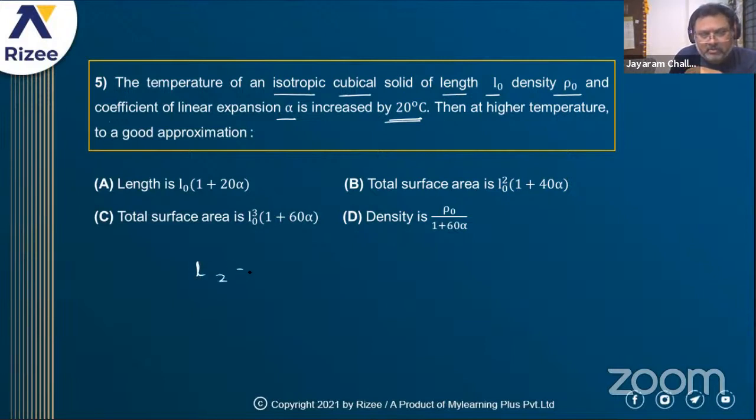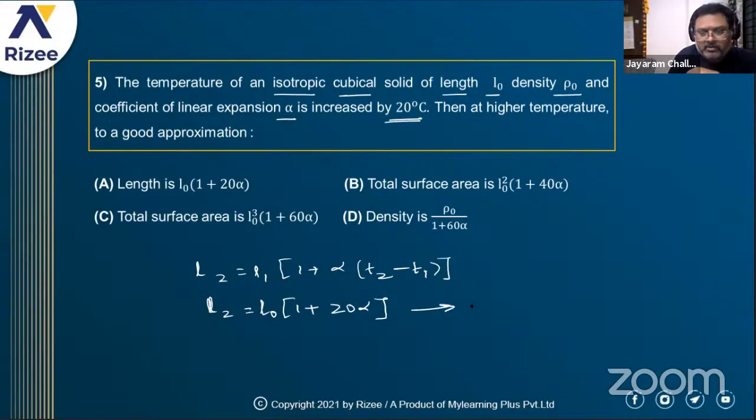So L2 is equal to initial length into 1 plus alpha into T2 minus T1, the general formula. Now L2 is equal to initial value L naught into 1 plus alpha into 20, so it will be 20 alpha. So this is concerned to option A.